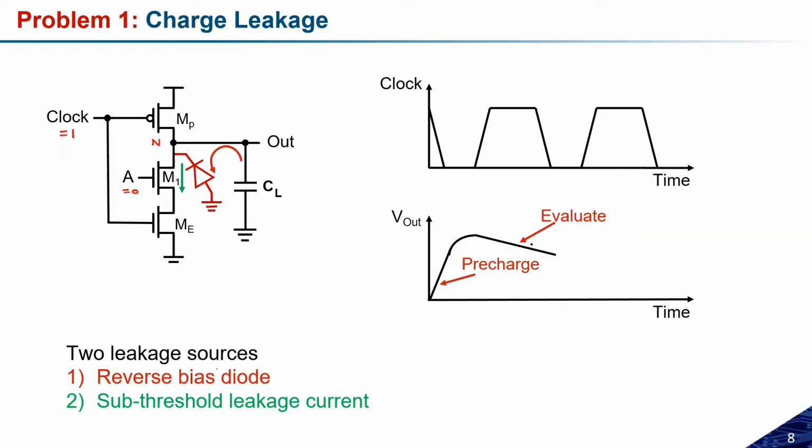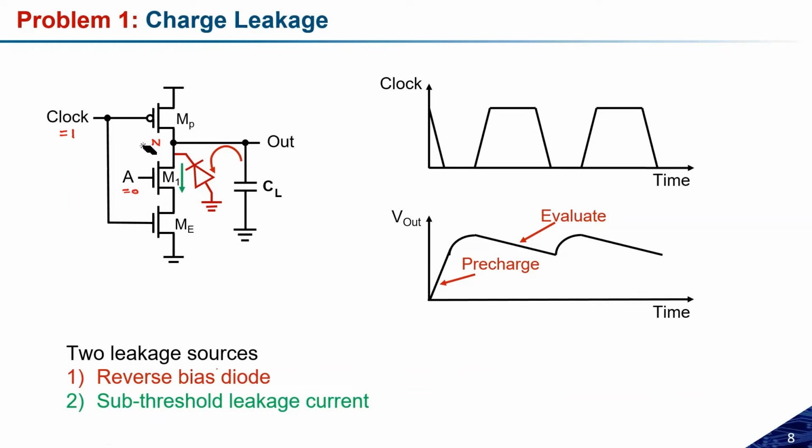And again, in the next precharge phase the node can charge again, and during evaluation it can discharge again. So this kind of problem is known as the charge leakage problem. Why are we saying this? Because here we have precharged and evaluated.